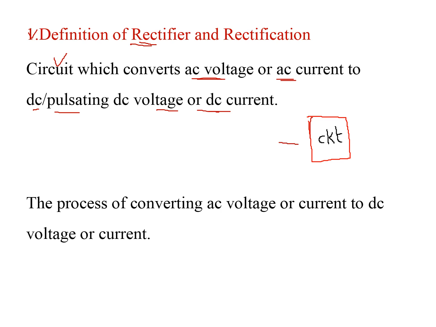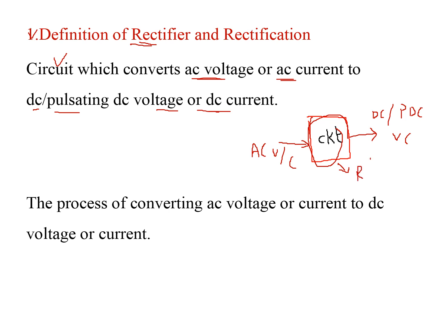The input for this circuit is AC voltage or AC current, and the output is DC or pulsating DC voltage or current. This circuit is called the rectifier.